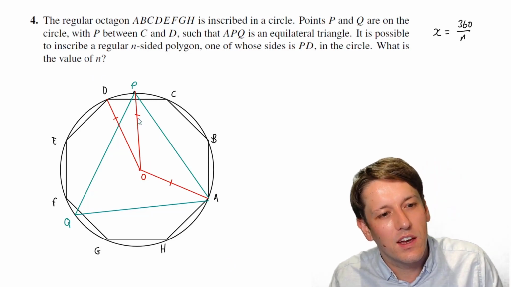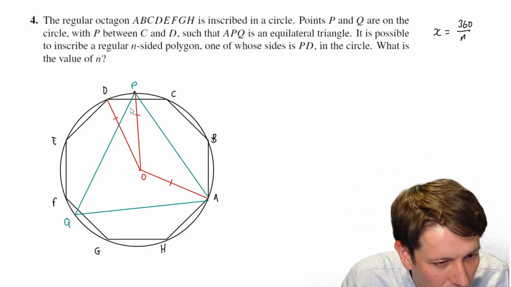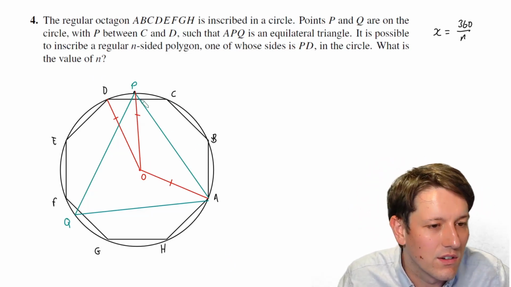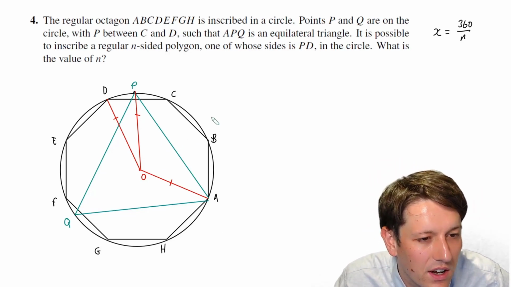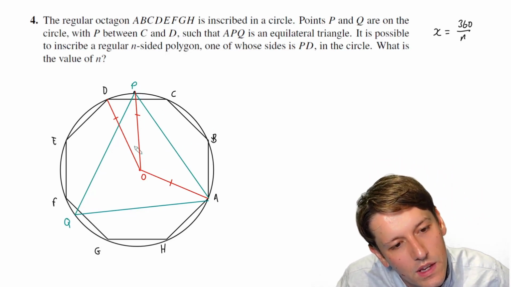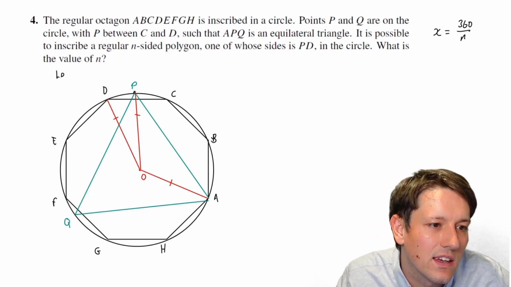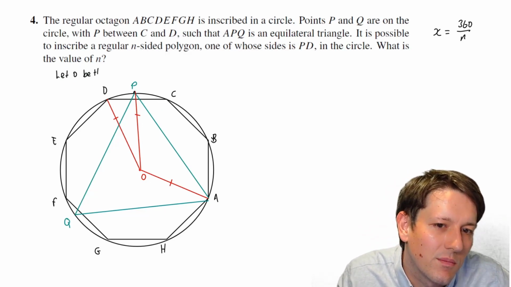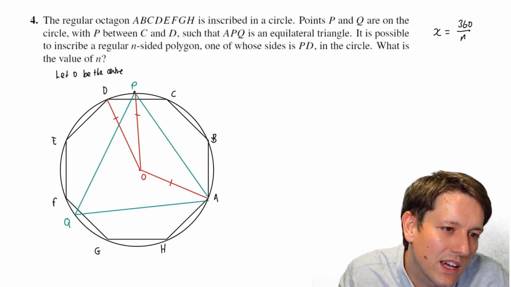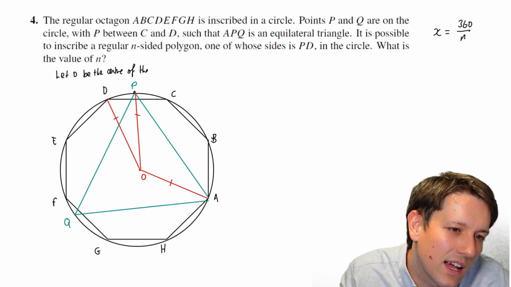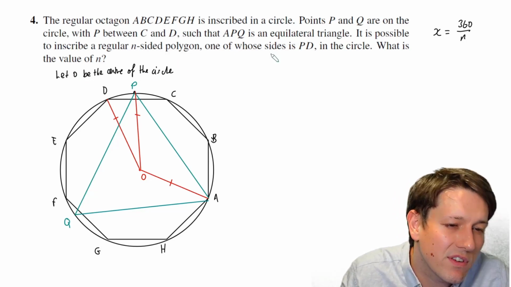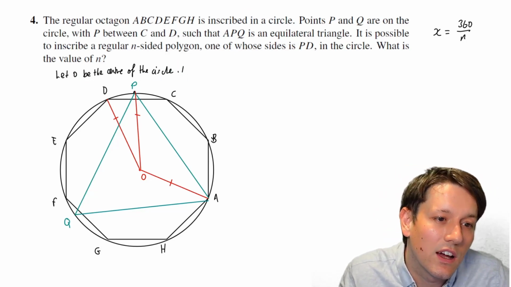You could write this diagram and make that a part of your working. And you might say, let O be the center of the circle, because we haven't actually spoken about that in the question, but everything else has been named for you.